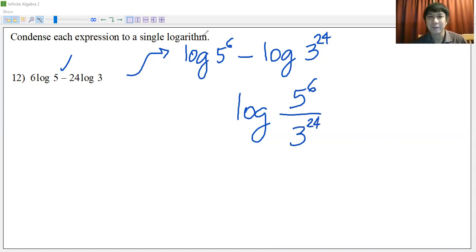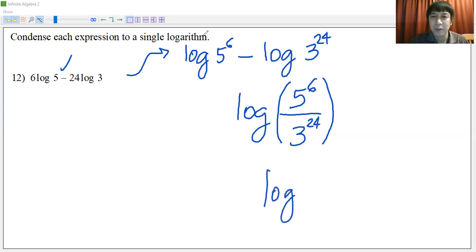And that's it. Okay, single logarithm. All right, in some cases they put a parenthesis there like that. And so we can express the answer 5 to the 6, 3 to the 24. Okay, either of this is the answer.